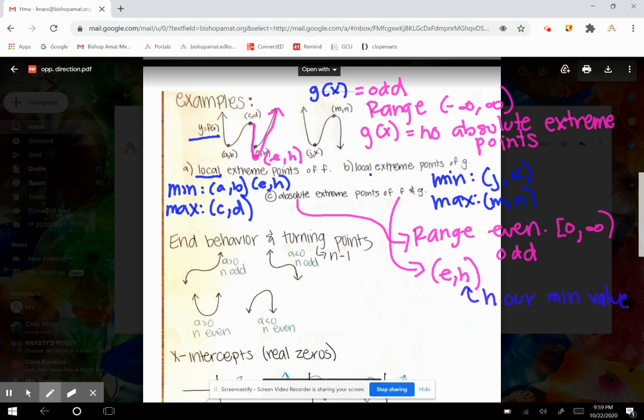Since y is our minimum value, we need to rewrite the range, and this is your answer right here, because the absolute value changes the range. The range now has to start at h and go to positive infinity instead of starting at 0 like it was up here. It no longer starts at 0 because the absolute value makes it start at h to positive infinity.